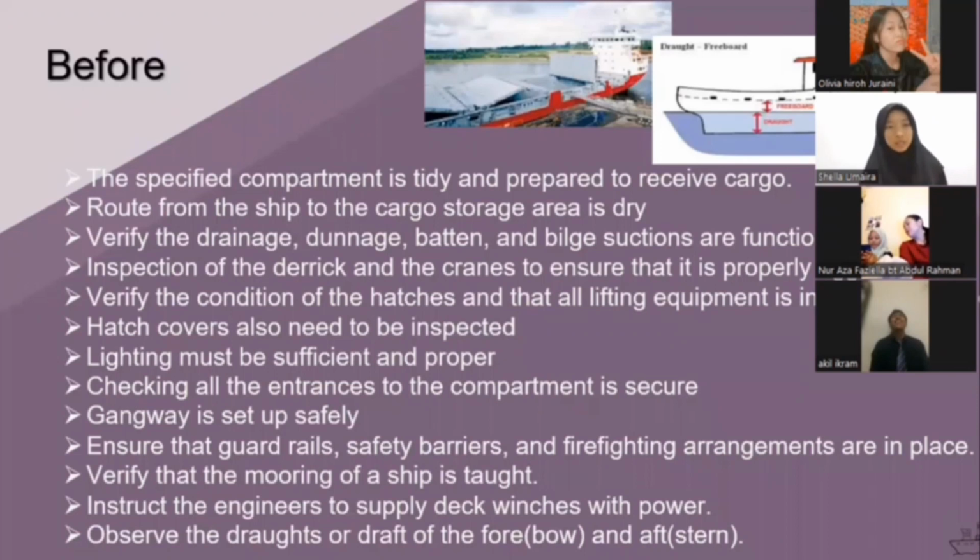The lighting must be sufficient and proper. The junior cargo officer needs to check all the entrances and that the compartment is secure. The gangway, guardrails, safety barriers, and firefighting arrangements need to be always in place.